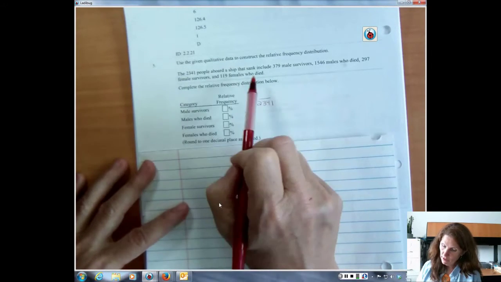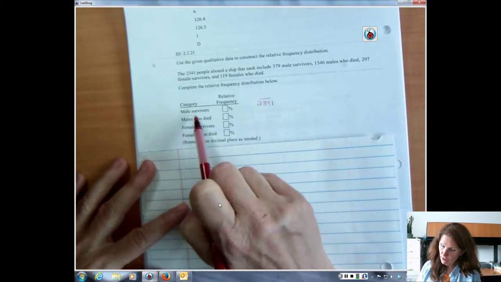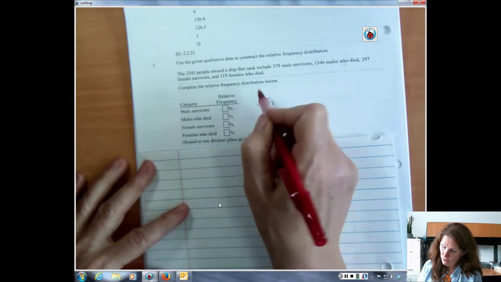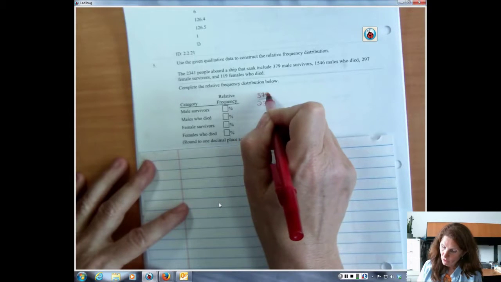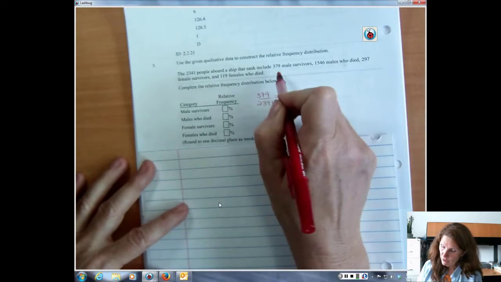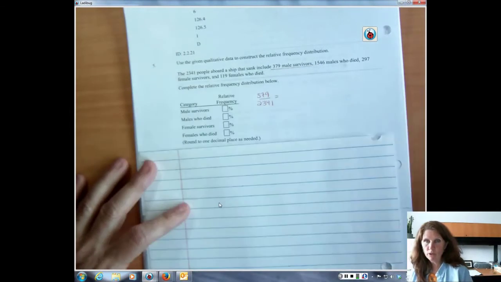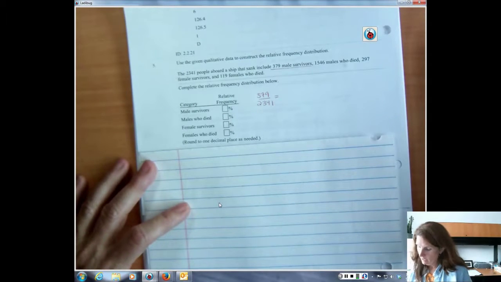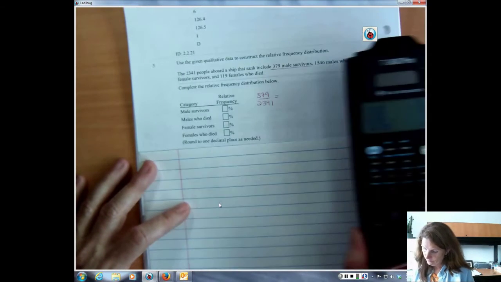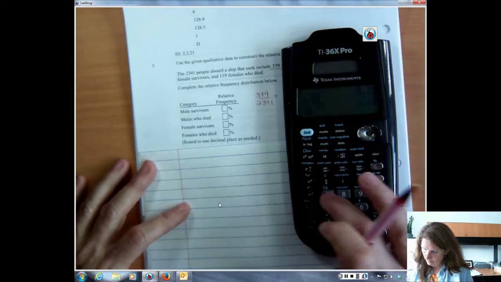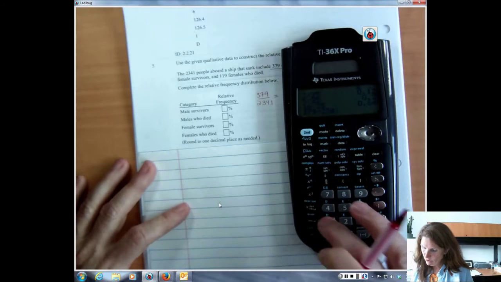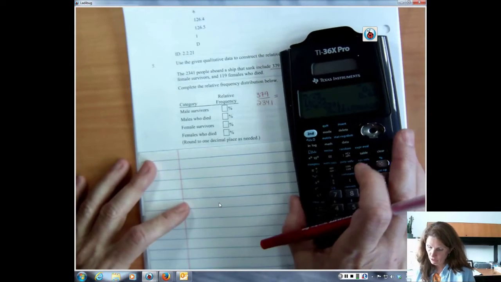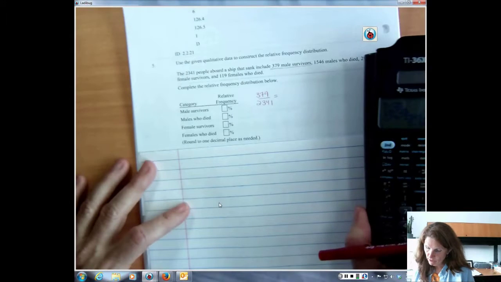So to decide the percent that were male survivors, you just take the male number that you were given there, 379 for male survivors, and you divide by the total number of people that were on board. And then you get, you don't want to do this without a calculator, get a calculator. Round to 1 decimal place as needed.